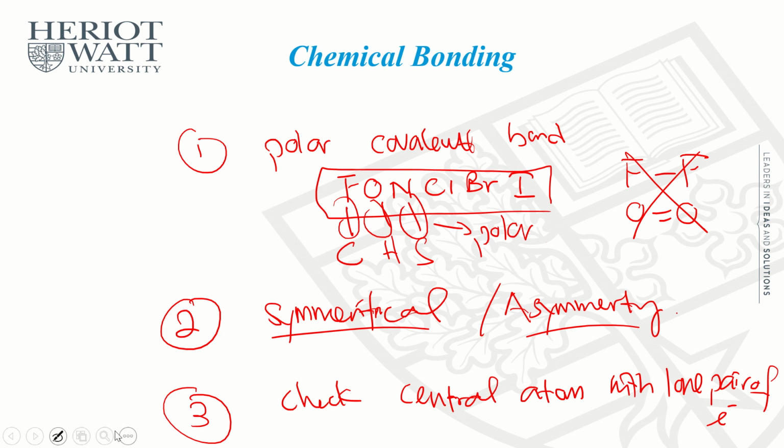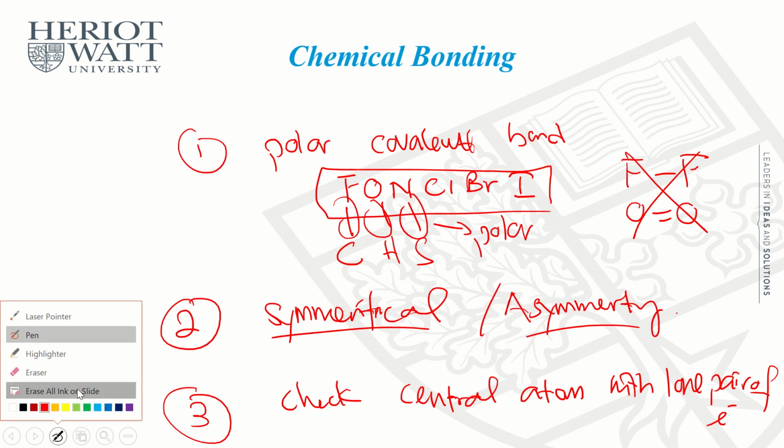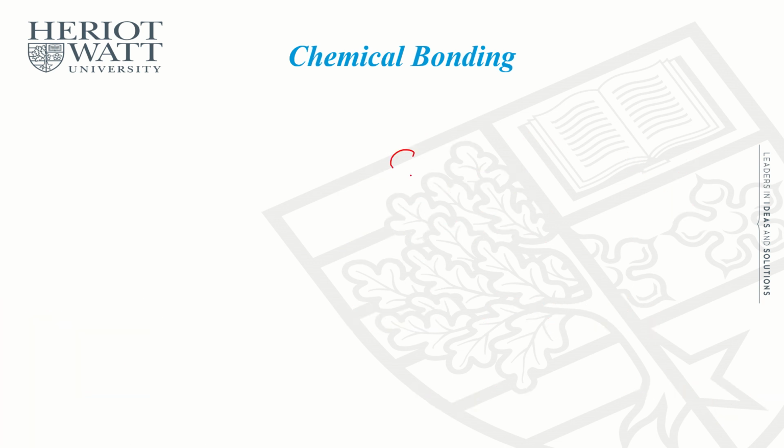Now, what does that mean by central atom with lone pair? For example, OH2. See that? I have 2 lone pairs here because initially I should have 6. 1, 2, 3, 4, 5, 6. These 2 pairs of electrons are remaining after they form bonds with 2 hydrogens. So whenever you have a lone pair at the central atom, then yes, this is a polar molecule.